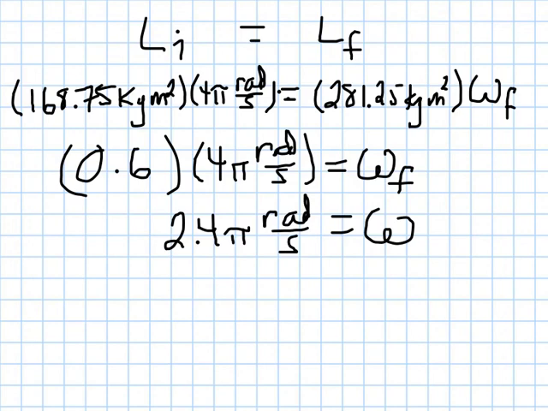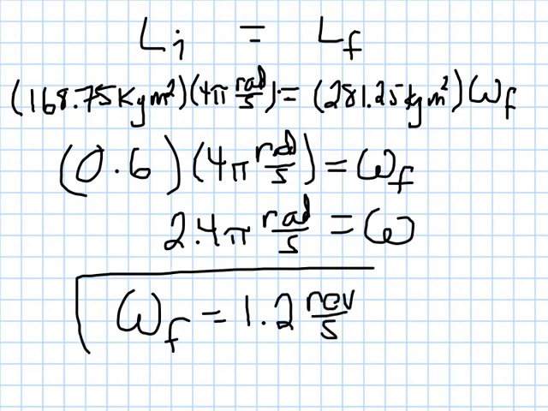We could stop there, or we could take it back to revolutions per second, which were the original units of angular speed that we were given. And so again, there are 2 pi radians in 1 revolution, and so this works out to be an omega final of 1.2 revolutions per second.